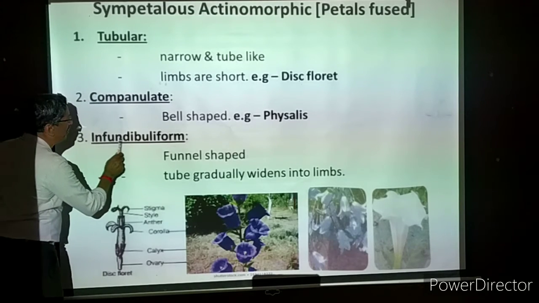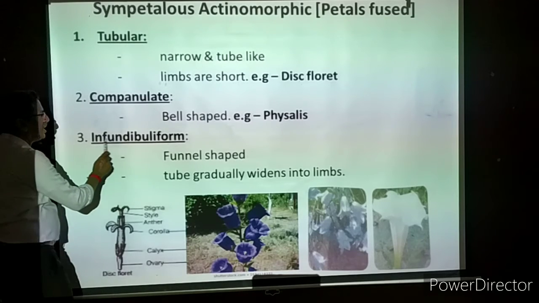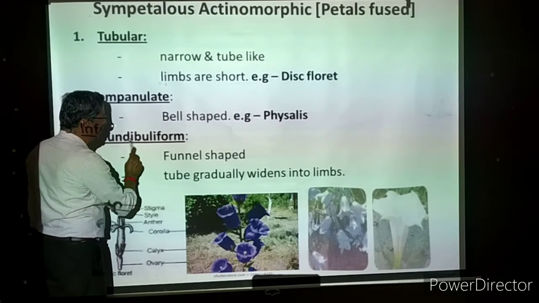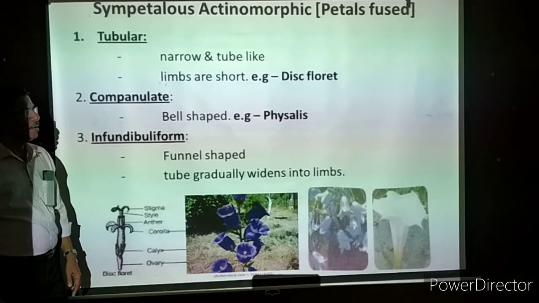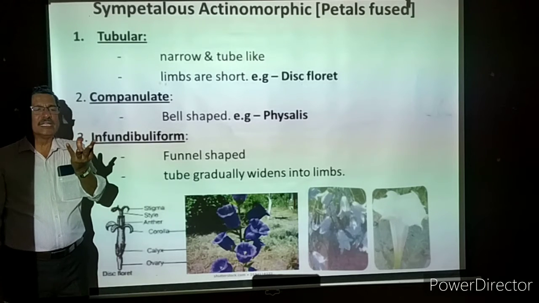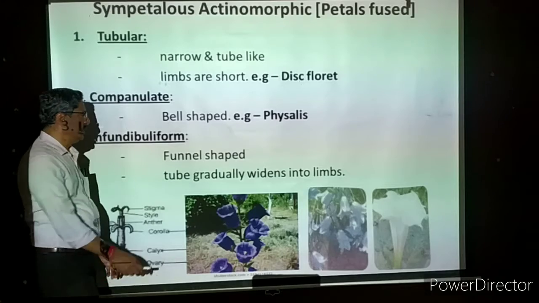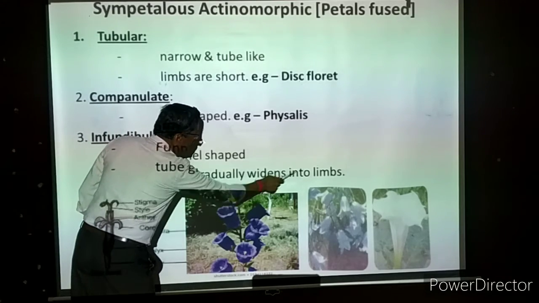Next one is infundibuliform. Infundibulum means funnel shape. Infundibuliform, funnel shaped corolla. The corolla is giving the appearance of a funnel. One end is broad, widened, but the other end is very, very narrow. So funnel shaped, the tube gradually widens into limbs.